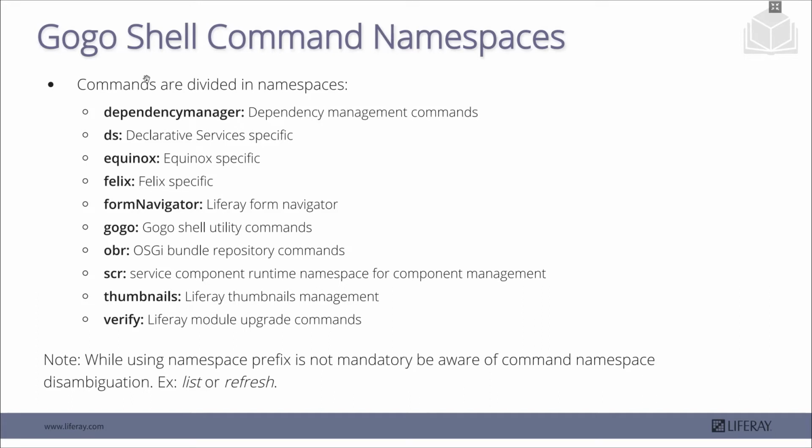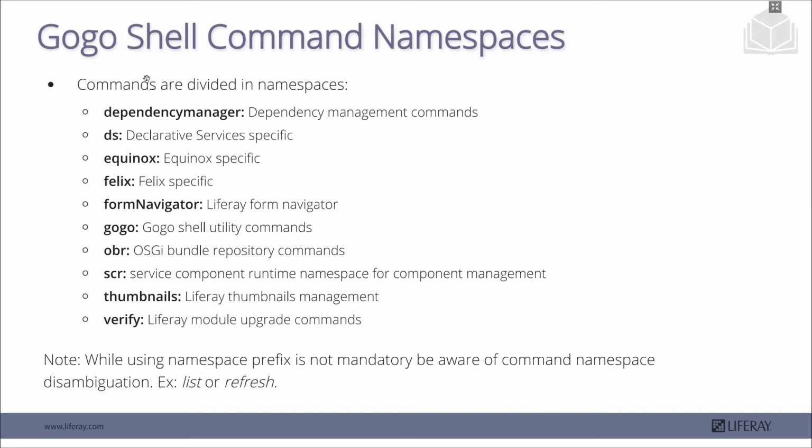The Gogo Shell has a number of different commands that we can use, and each one of those commands is divided into what's known as namespaces or scopes. That way, when you use the command, you have an idea of what its use case is or what it's intended to be used for. For example, one of the namespaces is dependency manager.